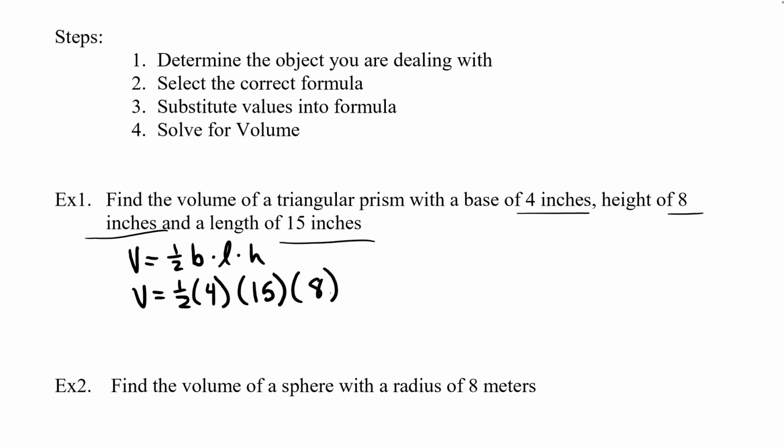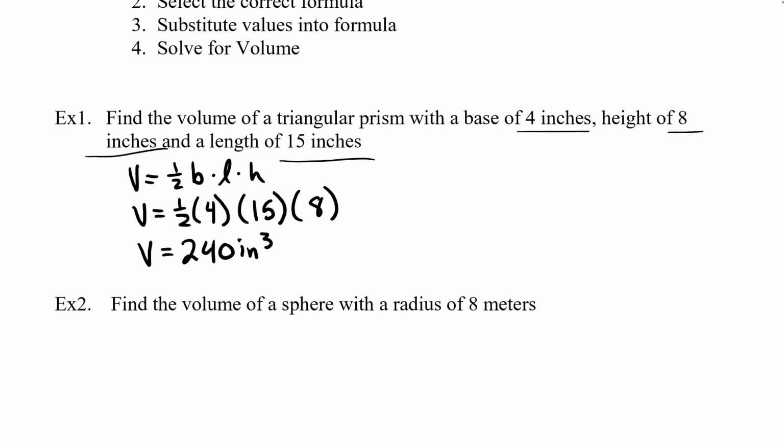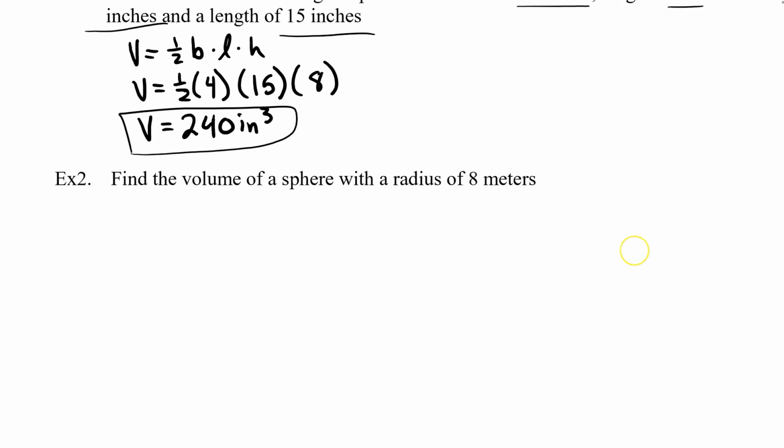So the way that I'm going to just do this in my head, I'm going to say 1/2 of 4 is 2, 2 times 15 is 30, 30 times 8 is 240. And we always have to remember that we have inches cubed there. That's it. If I really wanted to spice this answer up, I would put a box around it, and then I would move on to the next thing.